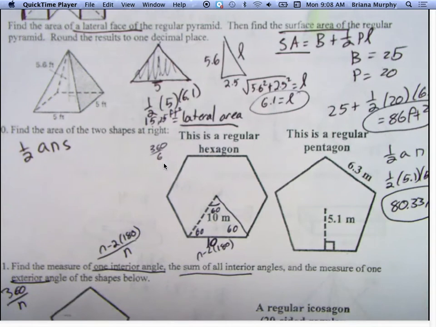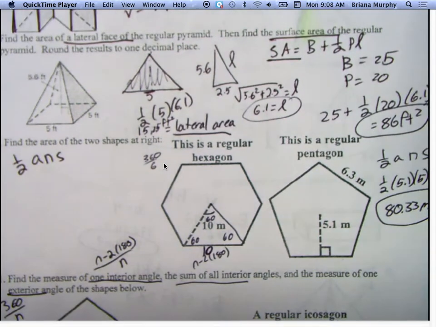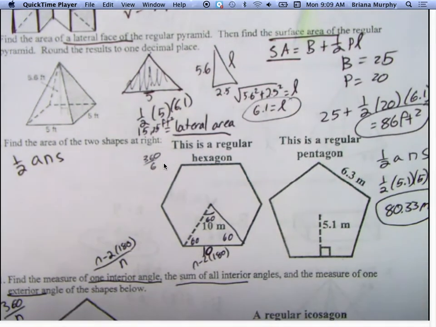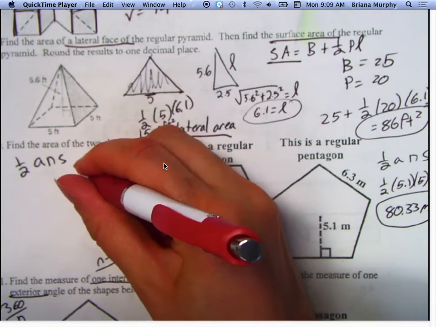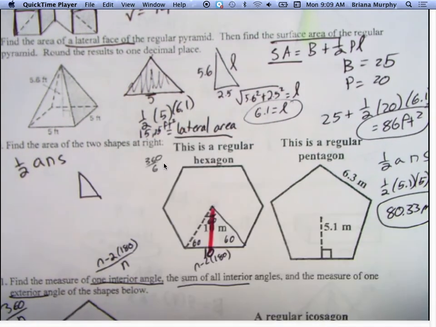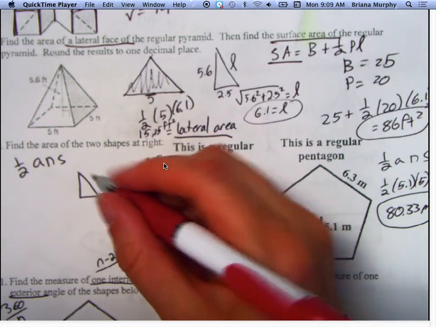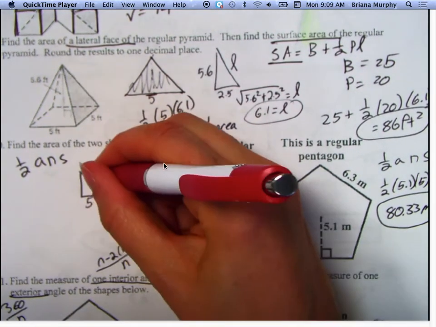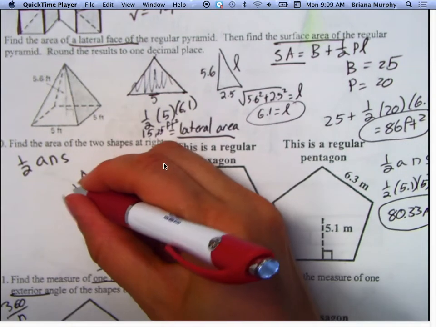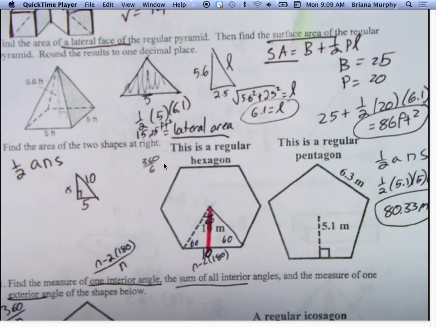Now remember, I do want to find the apothem, which is this distance right here. Well, then I just make my right triangle. This becomes 5, right? This is still 10. What is this? This is a right triangle. How am I going to figure this out? I'm going to use the what?